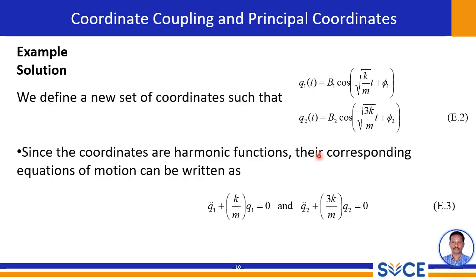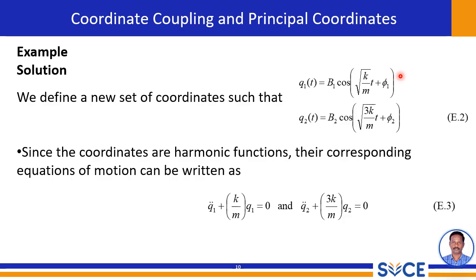This equation of motion is going to be the main important thing. We have to see that it shows that the motion described by q2 of t is also independent of q1 of t. These simple equations are the hallmark of the principal coordinates. They show that the motions can be broken down into independent harmonic oscillations.